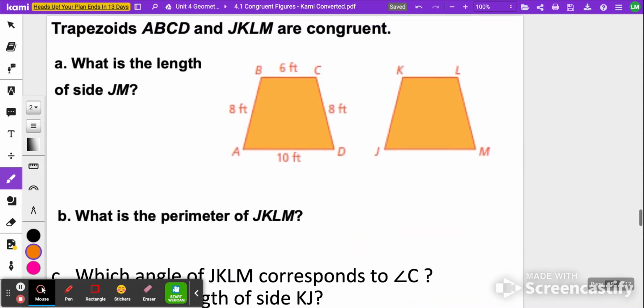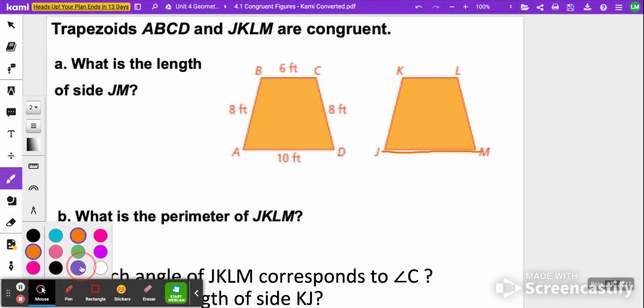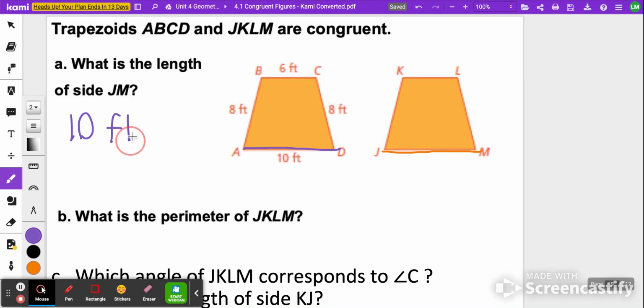The next one we want to talk about are these two trapezoids. They are congruent, so ABCD is congruent to JKLM. What would be the length of JM? Well, since JM corresponds with AD, we can say JM is also 10 feet. The perimeter of JKLM just means we're adding all the outer edges.